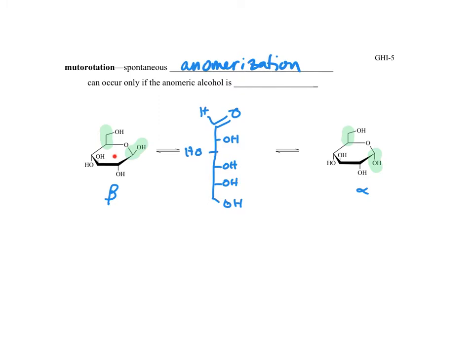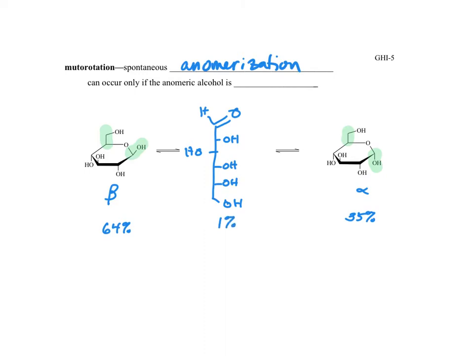So let me say this again. If we start with beta, it can uncyclize to become the linear Fischer structure, and then recyclize to become the alpha, and then uncyclize to become the linear and back to beta. So this is a complete equilibrium, and as it turns out, it's about 64% in the beta, about maybe 35% roughly in the alpha, and about 1% in the Fischer structure.